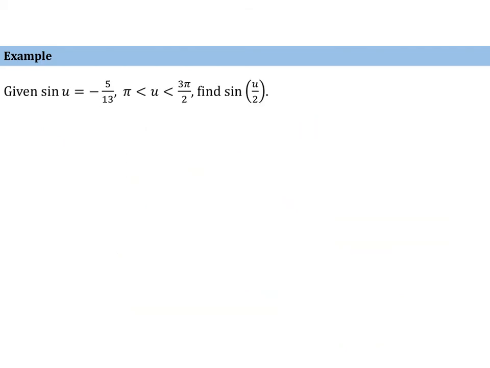So here we're given sine of u is negative 5/13. But we want to find sine of u over 2. Well, let's go ahead and sketch sine of u. Notice that u is between pi and 3 pi over 2. So that means that we are in the third quadrant with u.